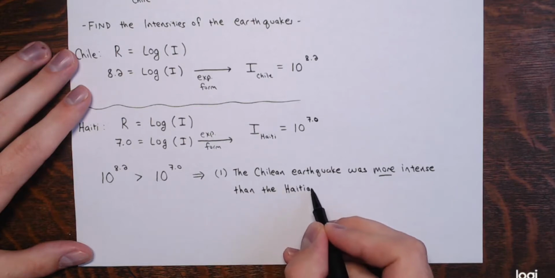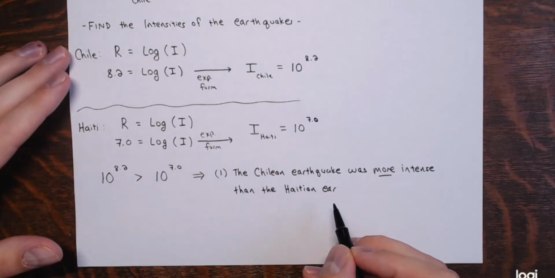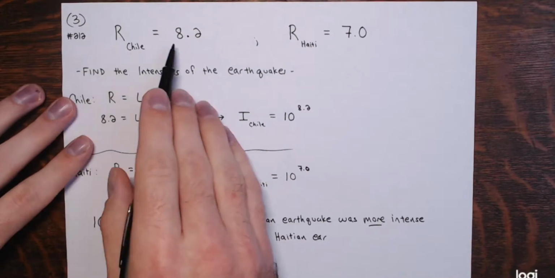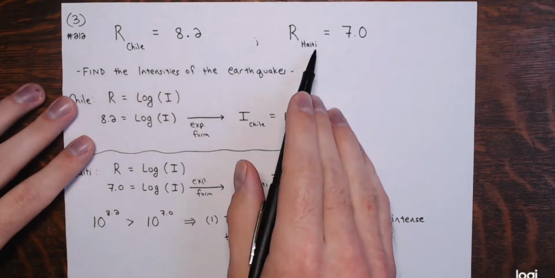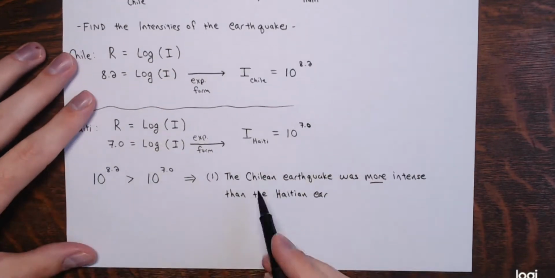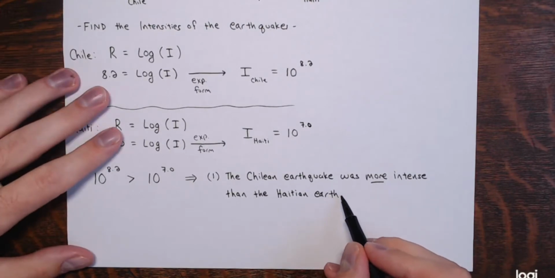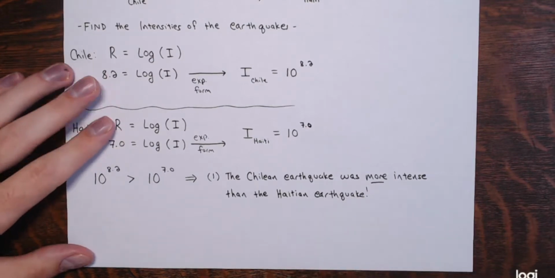Right, but that's not that interesting to say, because you could have told me that from their magnitudes. I mean, the magnitude of the Chilean earthquake came up at 8.2 on the Richter scale, but the Haitian one was at 7. You could have told me that the Chilean one was more intense from that number alone. So this isn't very interesting to say.